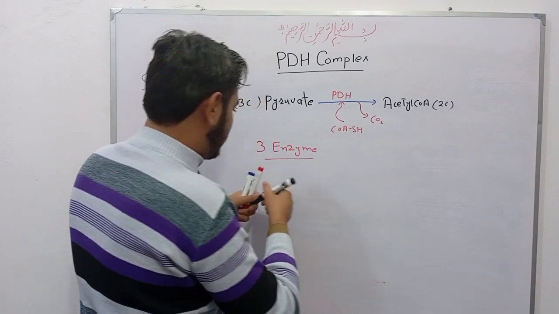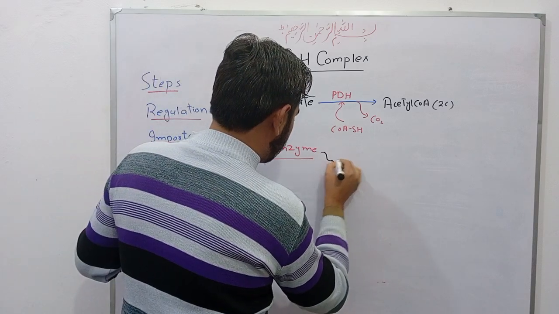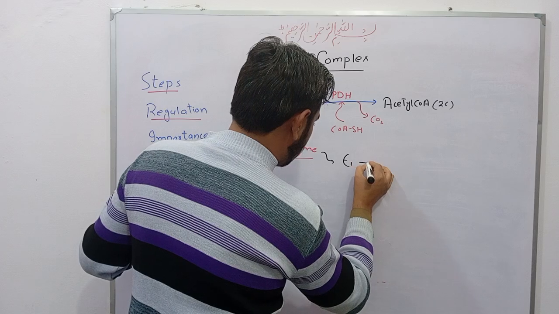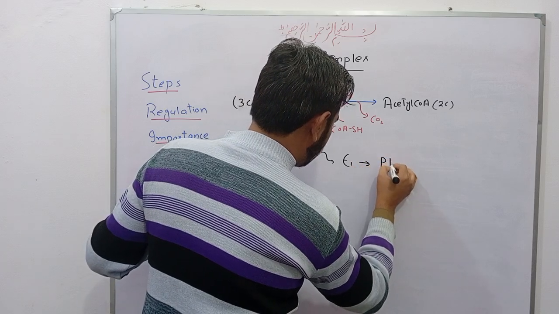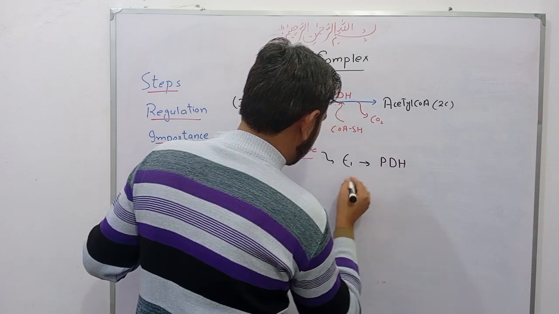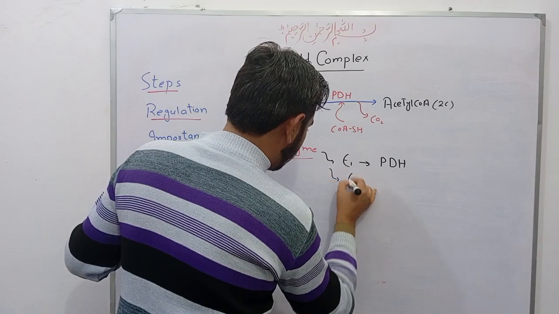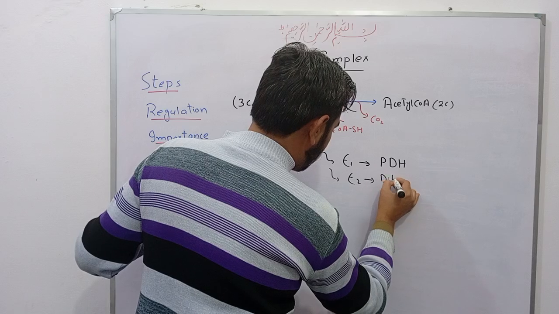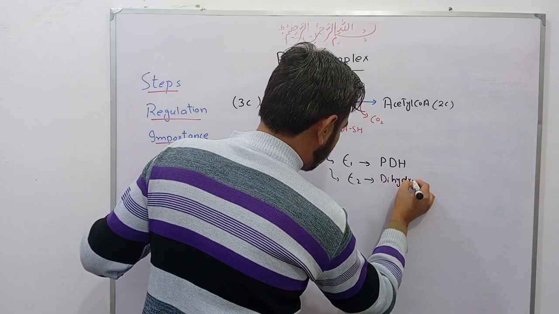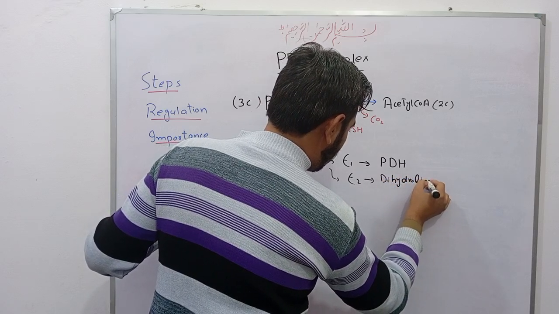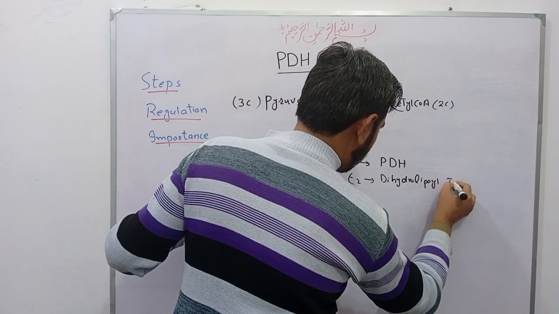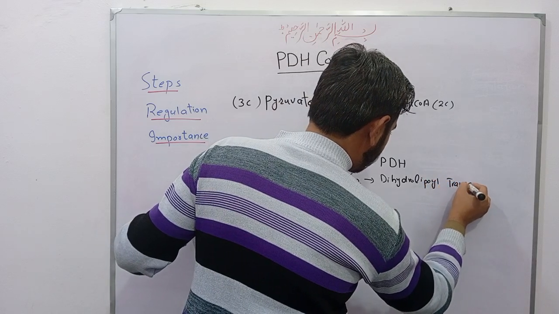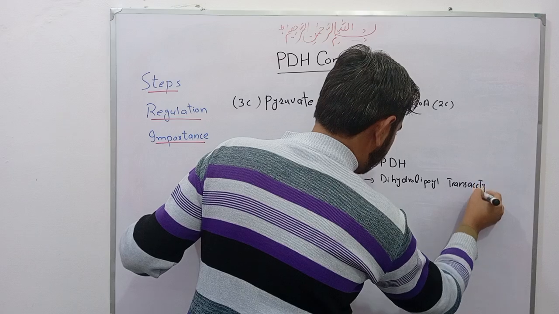The first enzyme is pyruvate dehydrogenase. The second enzyme is dihydrolipoyl transacetylase.